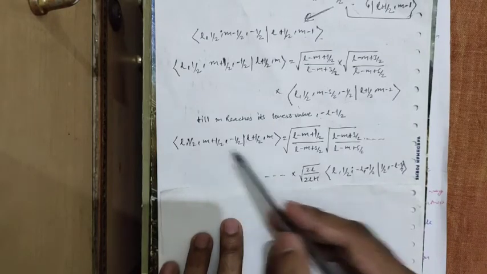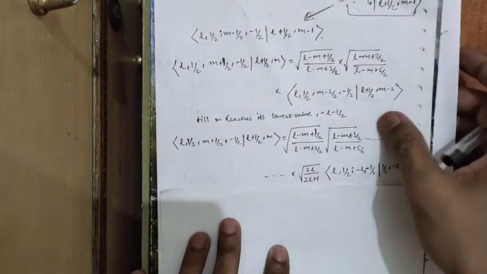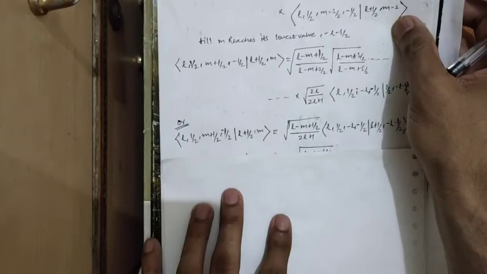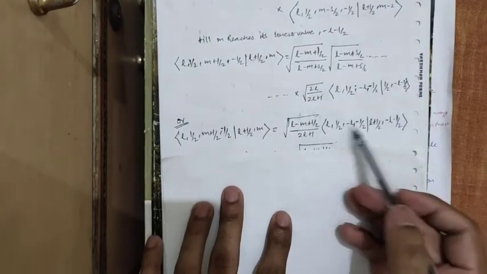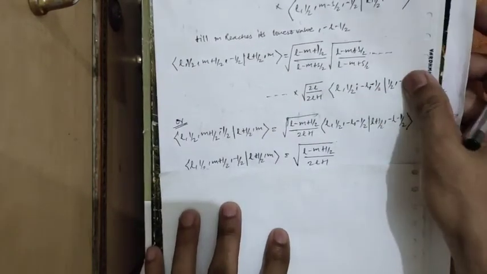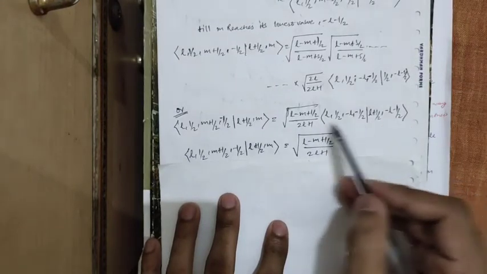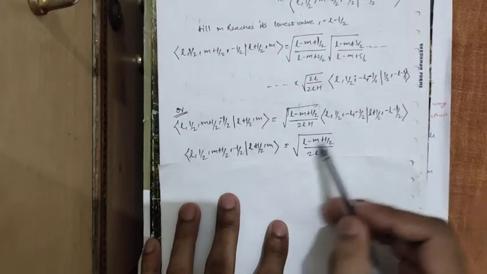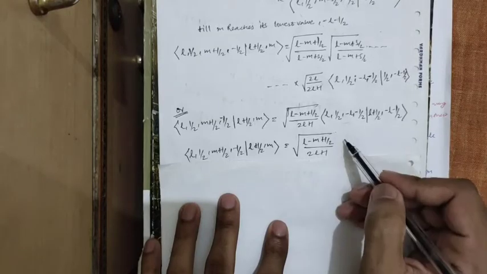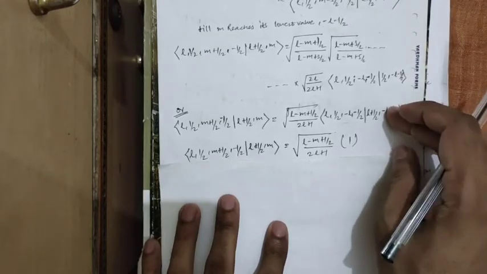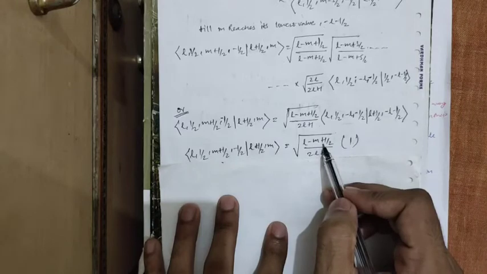So in the last, this coefficient is normalizable, which equals 1, so I'm substituting 1 here and the value of this coefficient is equal to this.